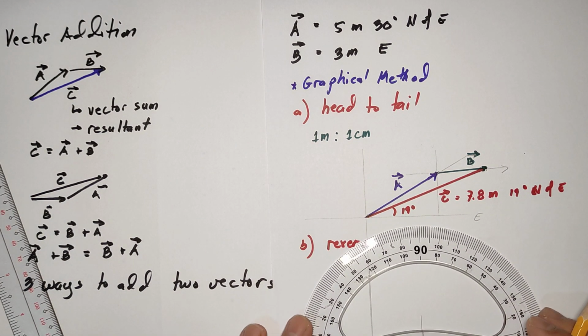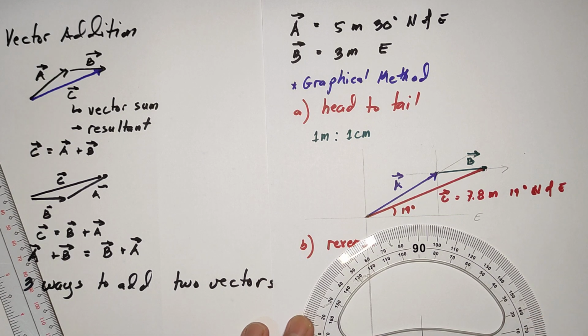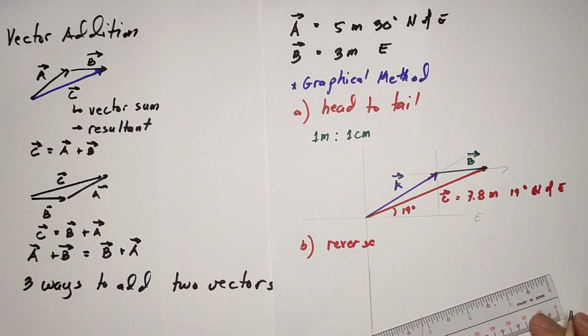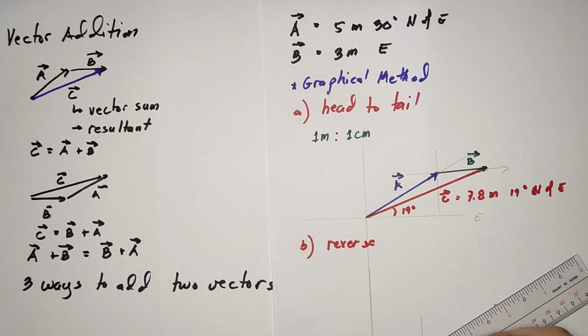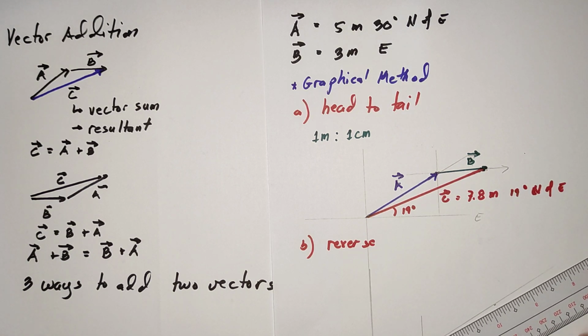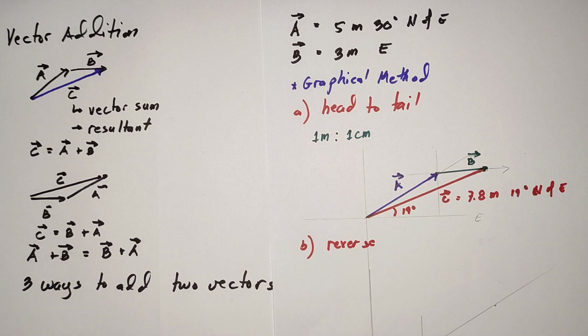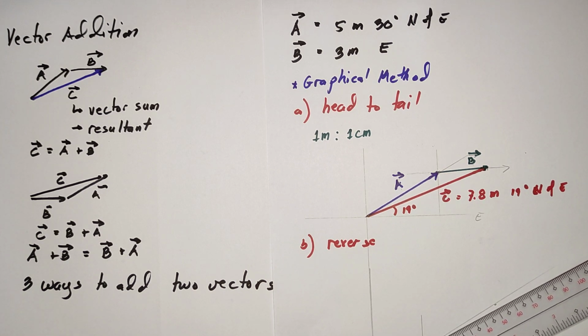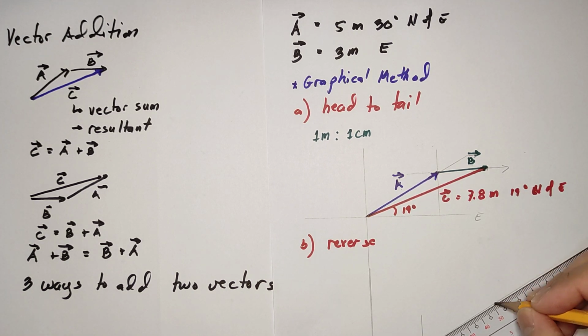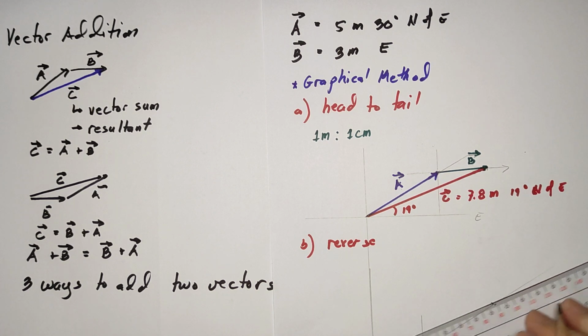Okay, and 30 degrees. So the one, then I will measure 5 cm, so approximately here.